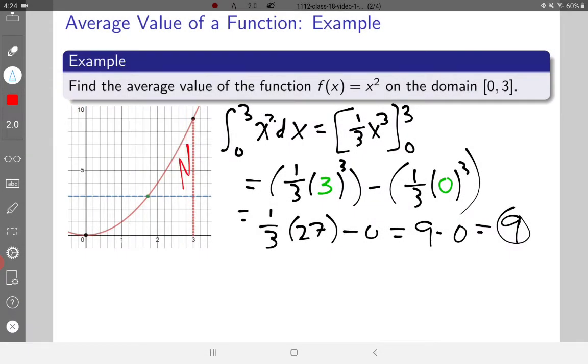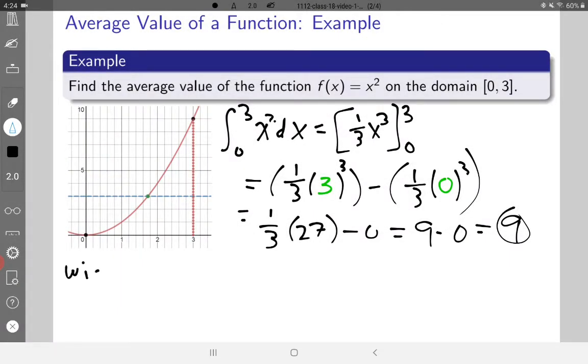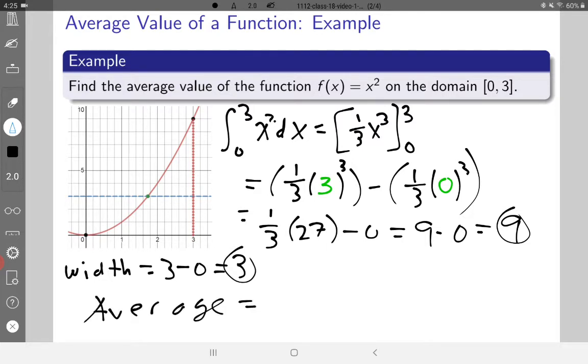That is the area of this red region that I'm shading right now. That's what that 9 represents. The next step I need to do is the width of the domain, which in this case is 3. I'm going from a to b, 0 to 3, so the width is 3. So overall, the average value is 9 over 3.